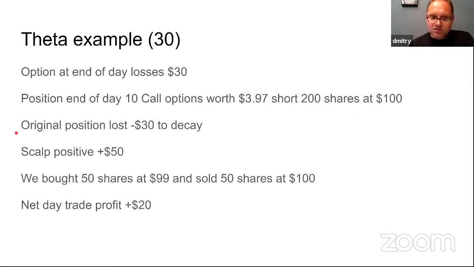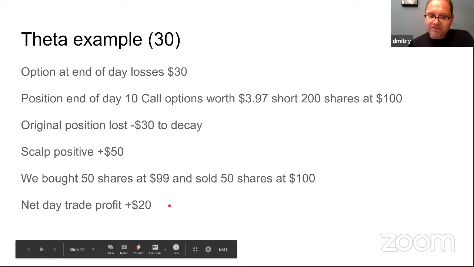So what happened is the original position, the options decayed 30 bucks. We scalped $50. Remember that we bought 50 shares at 99 and sold it back out at 100. That's where the $50 is coming from. The decay is coming from the option. So our net day trading profit is $20 that day.